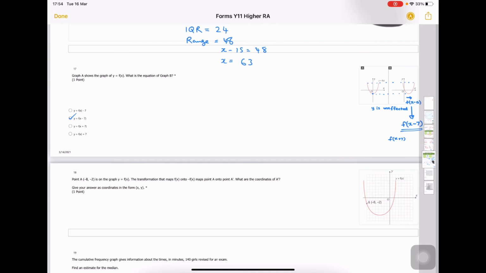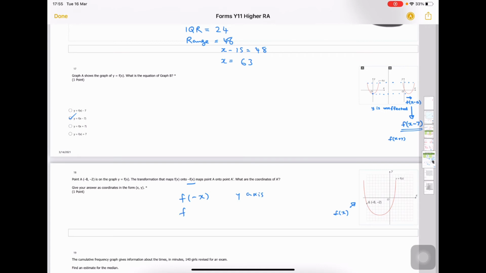Alright, so this is f of x. So negative f of x is going to be a reflection. Remember, if it was like this, then that would be a reflection in the y-axis.